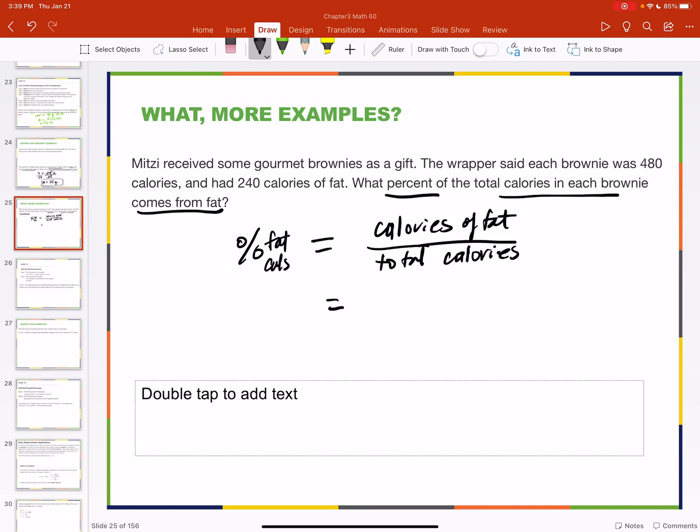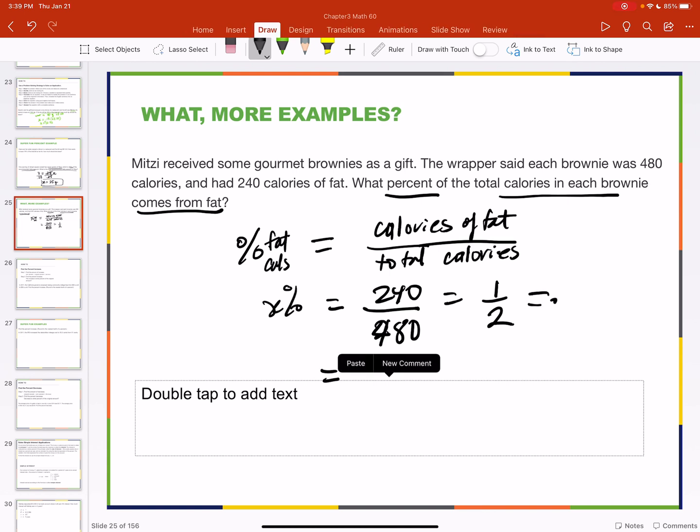So we have 240 divided by 480. That's just going to be 1/2, but we need to express this as a percentage, so that's 0.5, and 0.5 is 50%. Remember, we don't directly calculate with percentages. We calculate with fractions and decimals, and then we convert to percentages later if we need to.